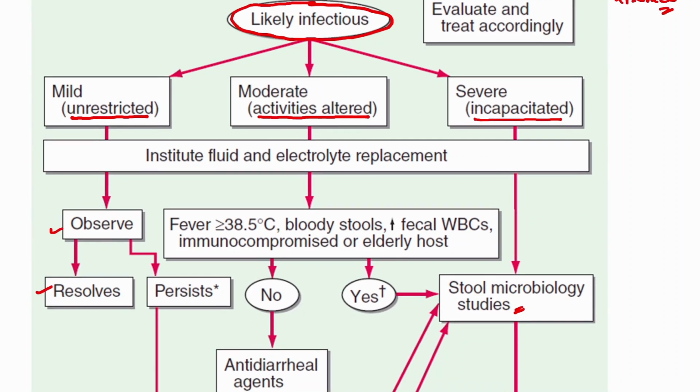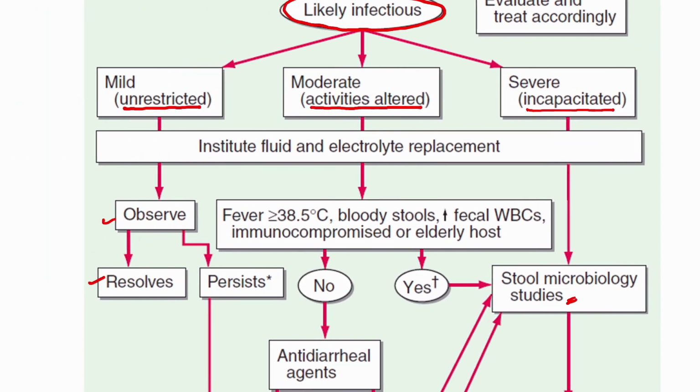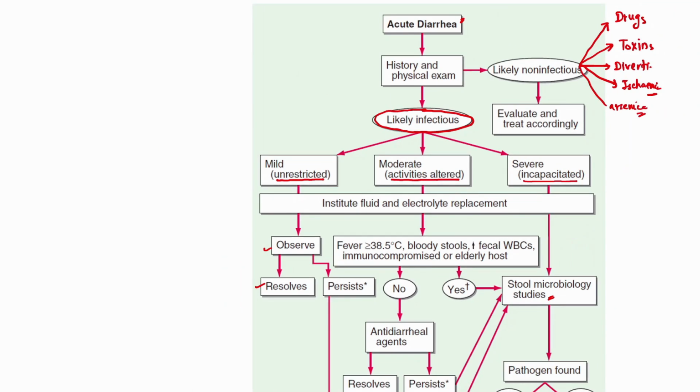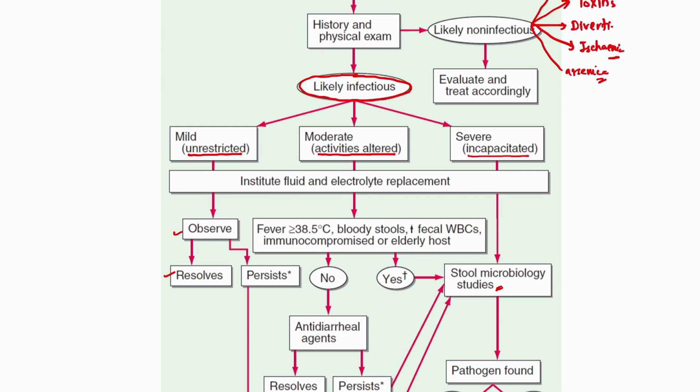Similarly, moderate diarrhea. If it is moderate diarrhea, and if the fever is more than 38.5, there are bloody stools, fecal WBCs, or an immunocompromised or elderly host is there, right?